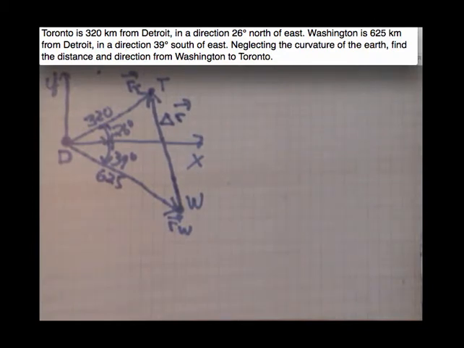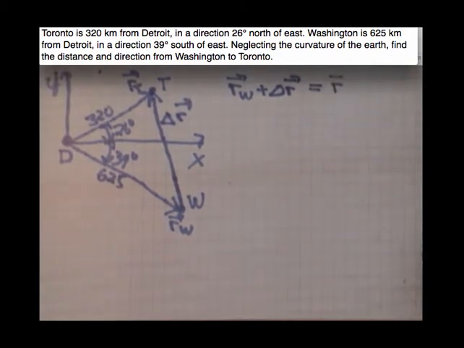And we're really being asked in this problem to calculate delta r. And what you can see from looking at this diagram is that mathematically, if I start in Detroit, I take a trip to Washington, so I've changed my position by a vector r sub w, and then I take another trip with a displacement of delta r, I end up in Toronto.